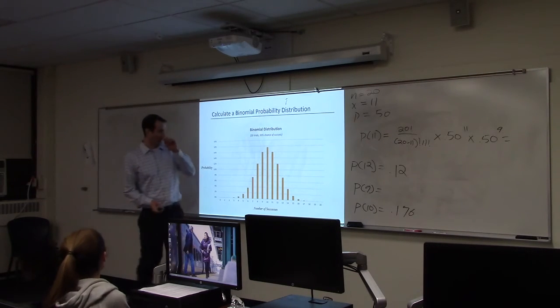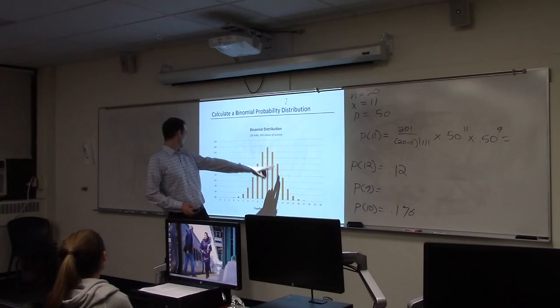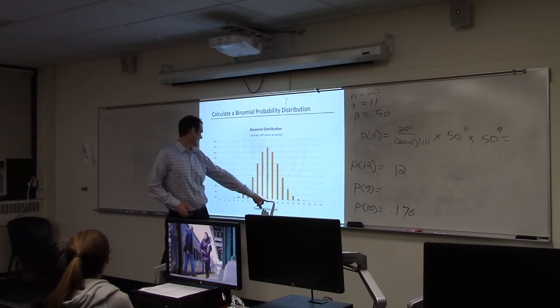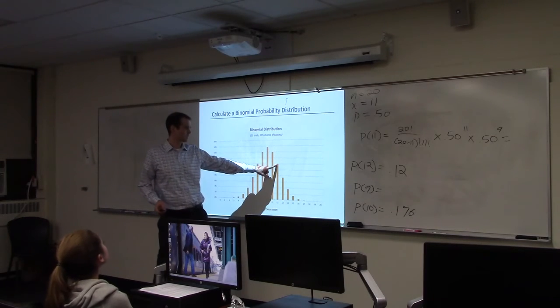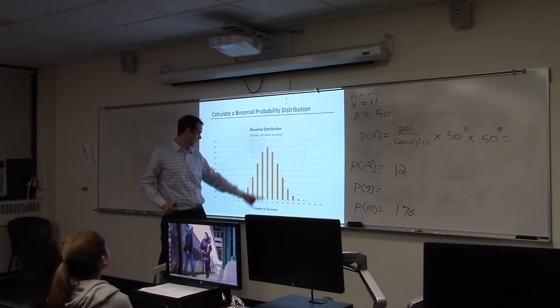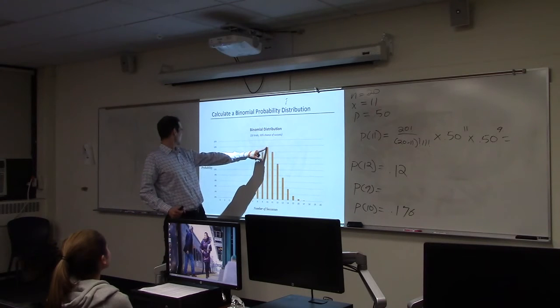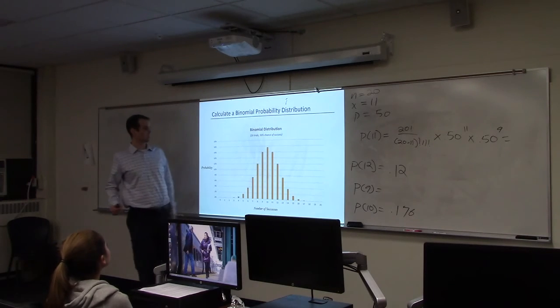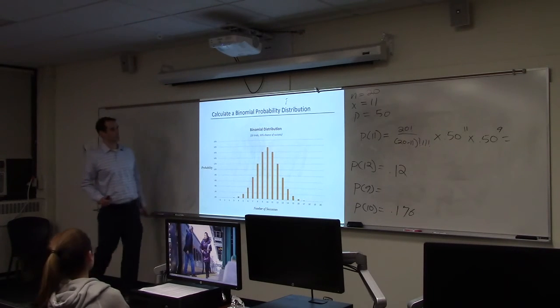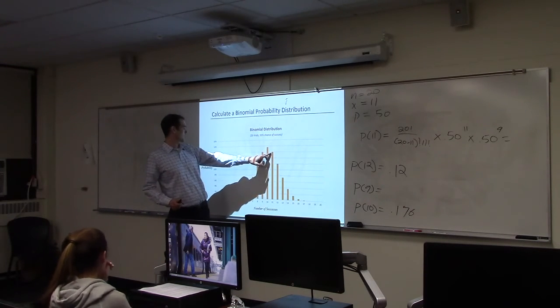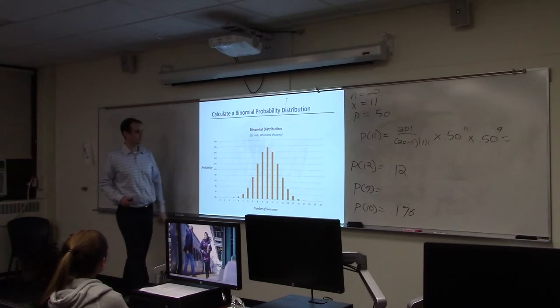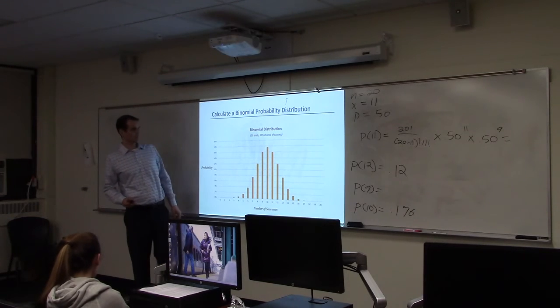So I've got all these calculated out. For 12, I get about 12%, which is right. For 10, I get about 17.6%. For 11, if we'd gotten that far, I'd get just a little under 16%.